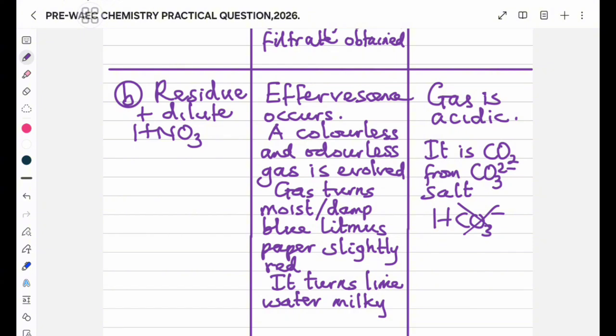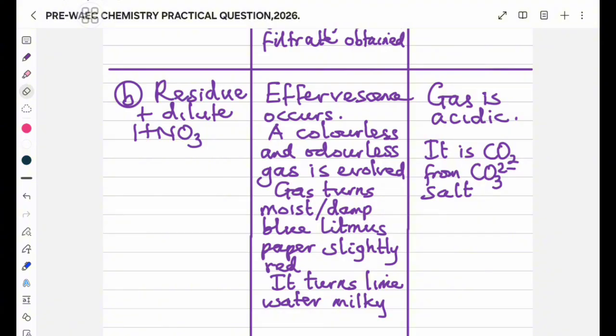So technically, if you put HCO3 in your inference, it will nullify that point. Then you score no mark. So do not add hydrogen carbonate anion. So it is only CO3 2-, carbonate. That means the CO2 is liberated from the reaction of the carbonate salt with dilute HNO3.